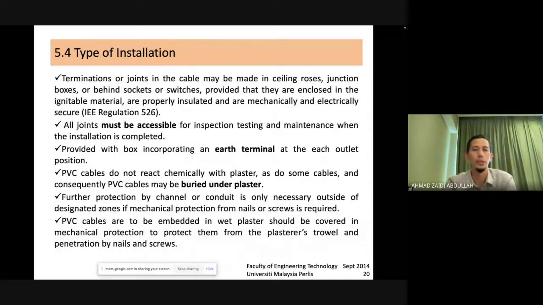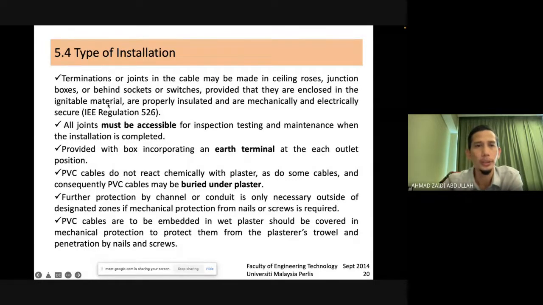Okay, a little bit theory under installation. Most of them just information that you need to remember, because this one we just absorb from the whole topic under IE regulation tu. I believe that you all tak baca pun buku yang tebal tu kan. So kalau you rajin, kami tarik some part of important part from that book.